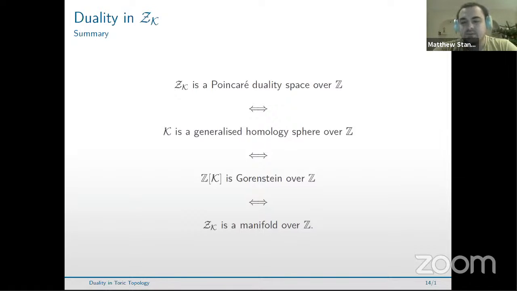And for Gorenstein rings, the canonical module always exists. That's for the algebraic specialists or people who are more experienced with this in the audience, but otherwise, don't worry about it too much. It is an algebraic property which can be, in the case of the face ring, expressed entirely in terms of the combinatorics of K, as we see here, and this was proven by Stanley: the face ring is Gorenstein, that is self-dual in an appropriate way, if and only if K is a generalized homology sphere. And this slots in with the result of Lee-Kai.